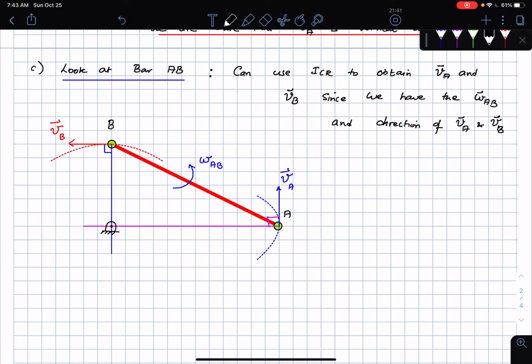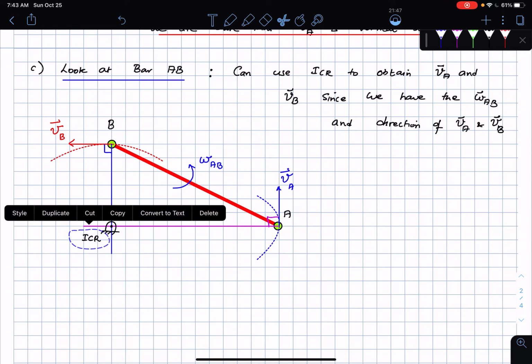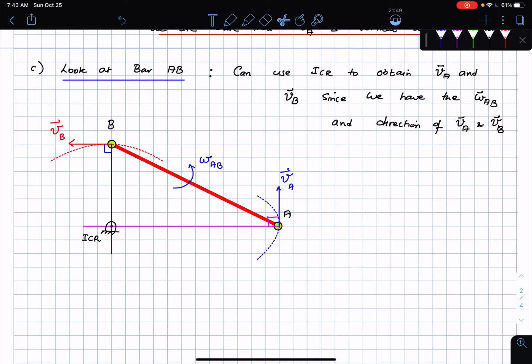This is the ICR, and if I bring back my original figure, I need to know the distance between point B and the ICR. So let me label this distance R_B/ICR, and this distance R_A/ICR.